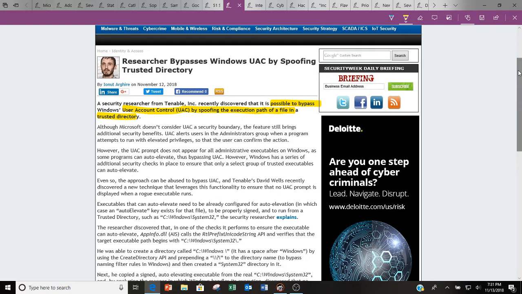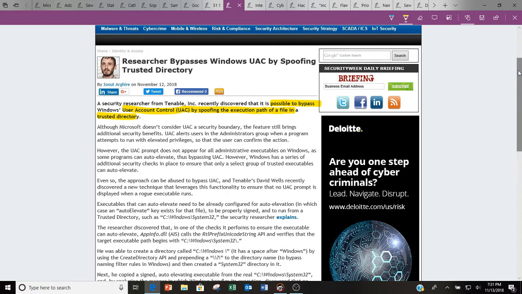If a company thinks that user account control is enough to protect them from cyber attacks, that's silly. It comes back to we've got to have defense in depth. It's not just one control that will protect us.